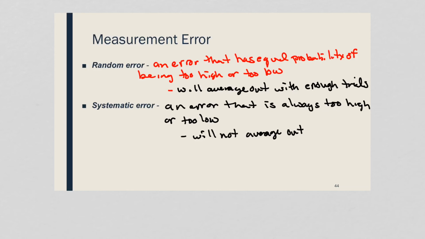Now, when we do lab, we often will do some basic calculations to try to estimate an error. So, for example, one thing that we will do to look at the level of accuracy that we have is to do something that we call a percent error. So the percent error calculation, and you'll do this in lab quite often, is simply the experimental value minus the accepted value, or the true value.